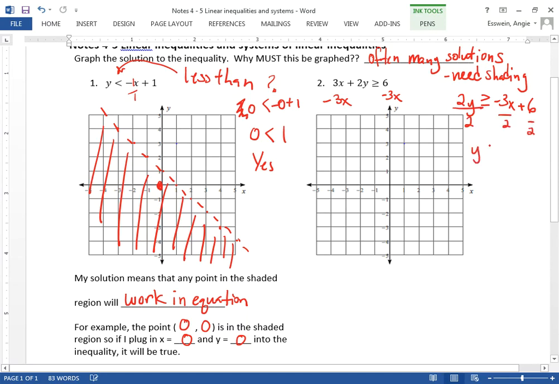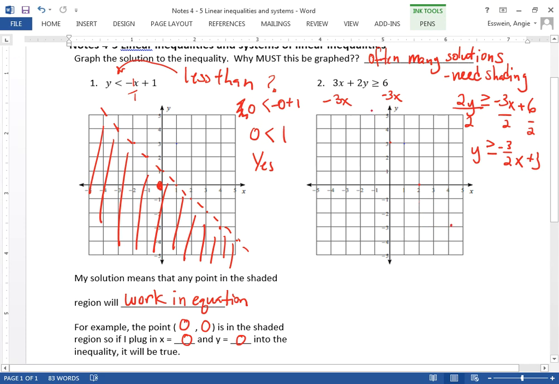And so you get y is greater than or equal to -3/2 x plus 3. And now we're ready to graph it. It's in slope-intercept form. So you go to 3 on the y-axis, and then you go down 3 to the right 2, down 3 to the right 2.